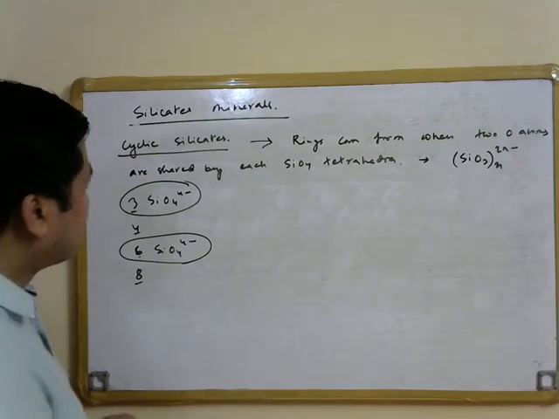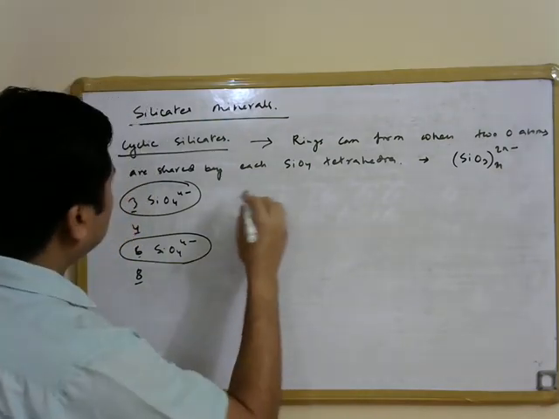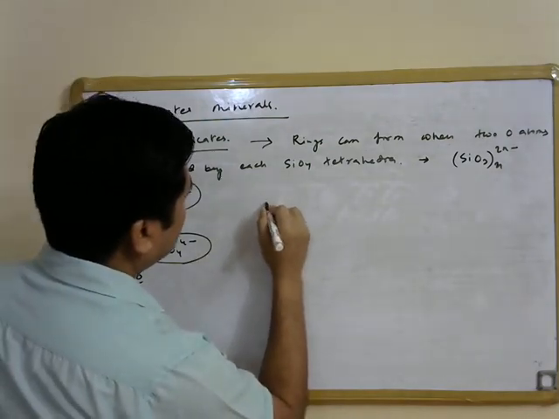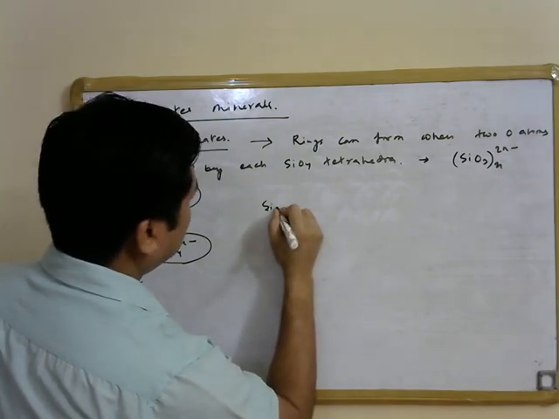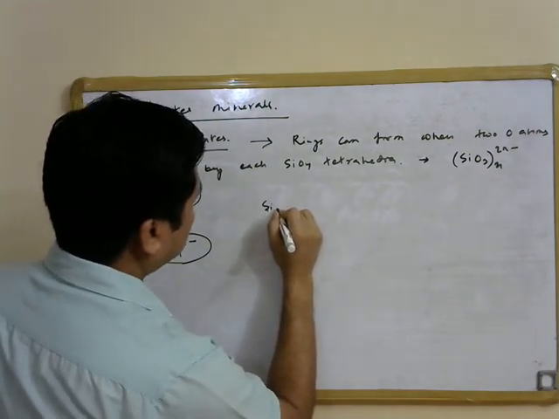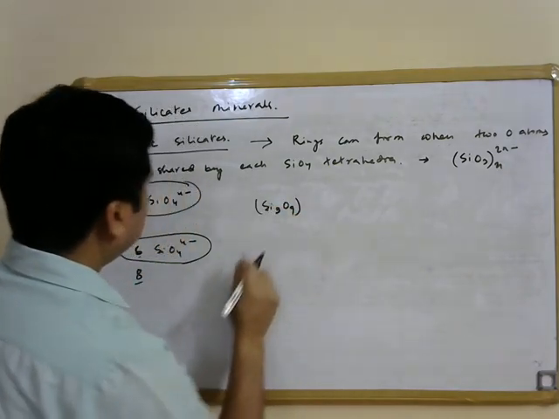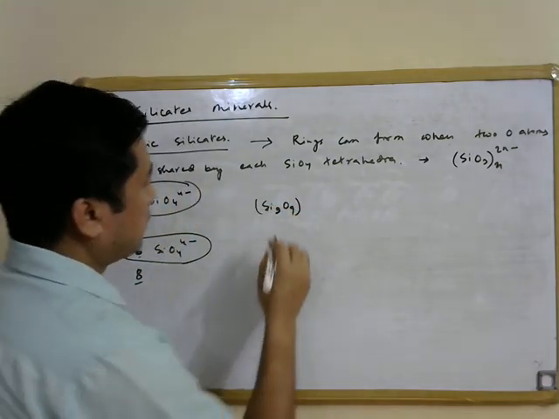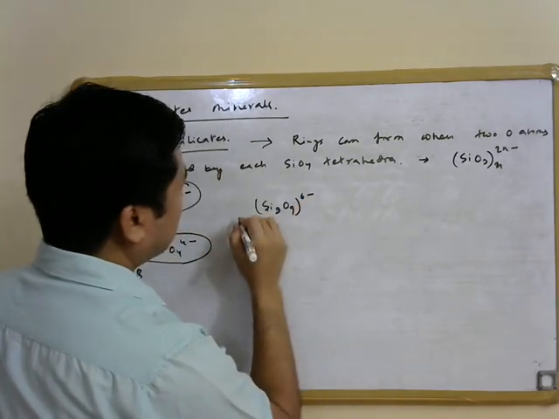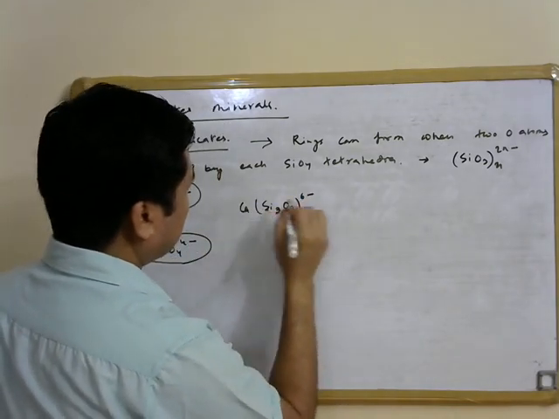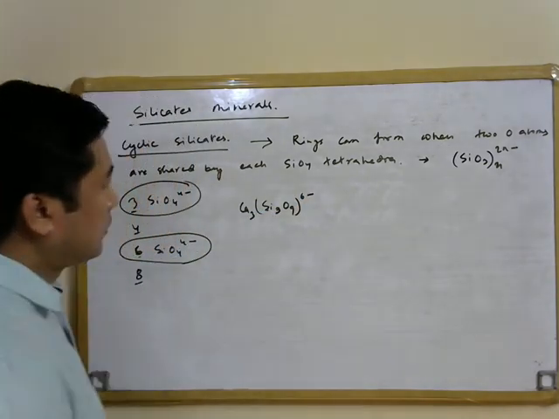So we can see examples where Si3O9 6 negative is present. So this is calcium 3.